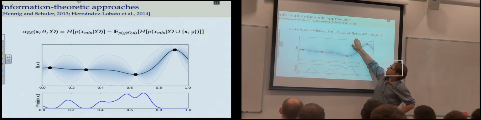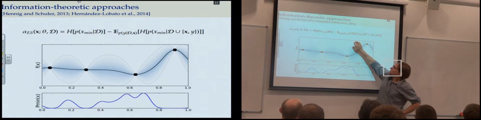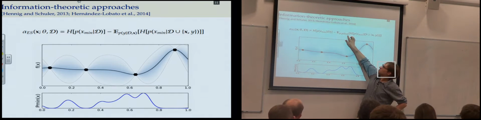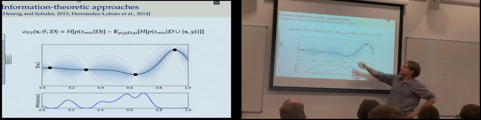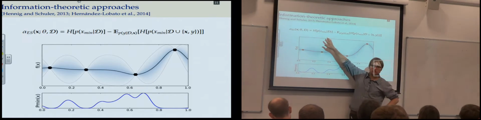So this is the entropy of my probability distribution, and this is the reduction in entropy that I have when I sample the objective function here. I fantasize what is going to happen if I take a point here, so I can calculate the reduction in entropy that I would have.